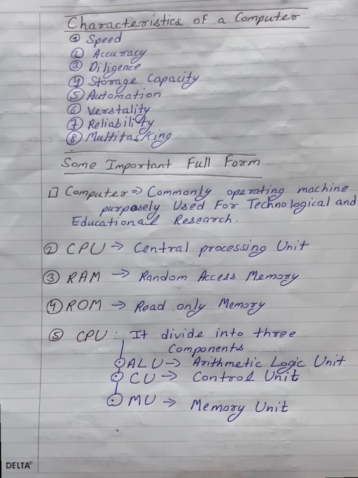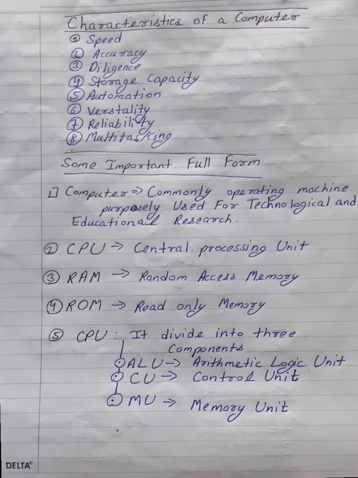And if we talk about accuracy, so a computer produces highly accurate results when the instruction and the data are correct. For example, banks use computers to calculate interest accurately. Next is diligence. A computer can work continuously without getting tired or losing concentration.